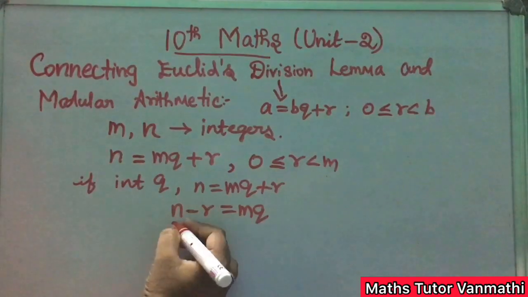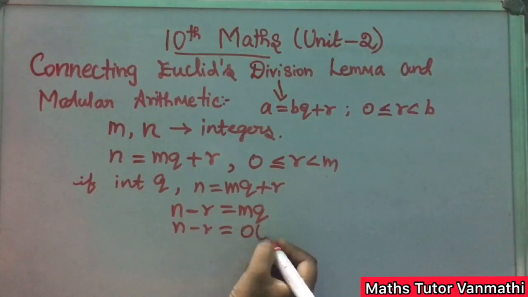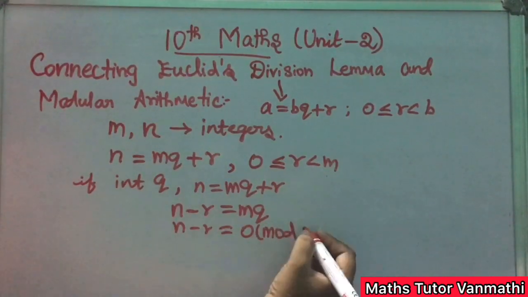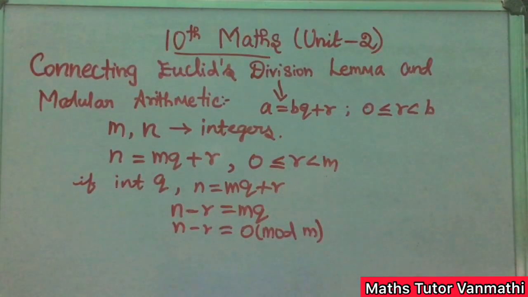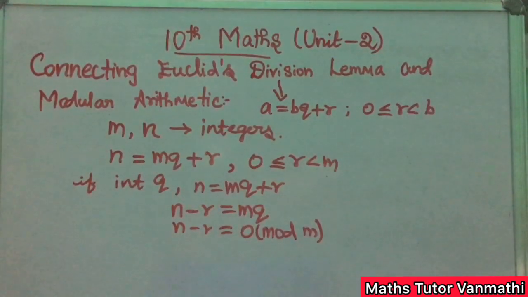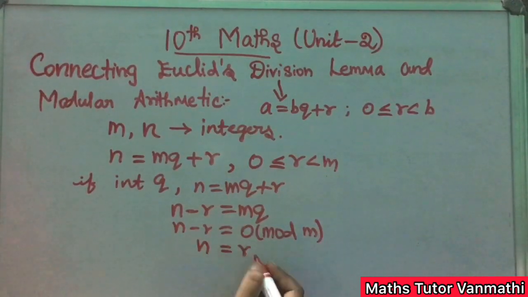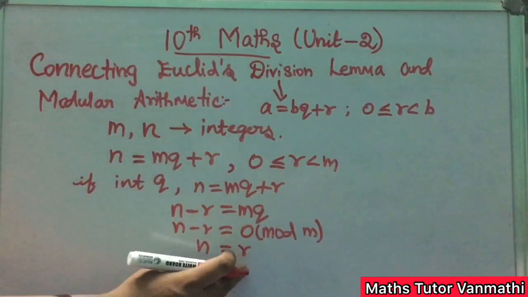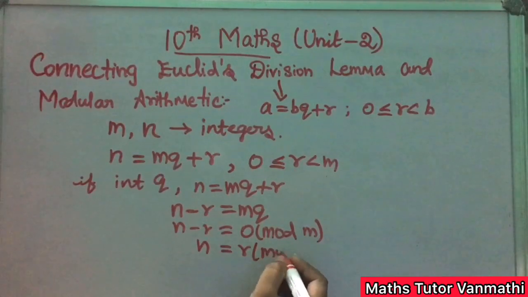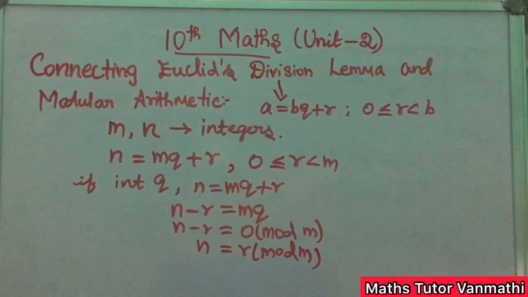Further this can be written as n minus r is equal to 0 mod m, that is your modulus m, since mq is replaced as 0 mod m. Then n is equal to, this r when it goes to this side, 0 plus r, so we can write it as r mod m, that is n is equal to r mod m.